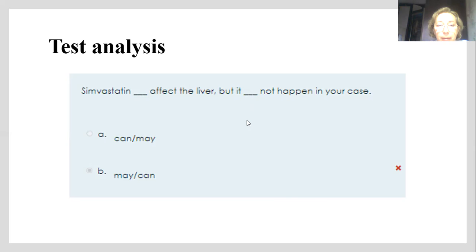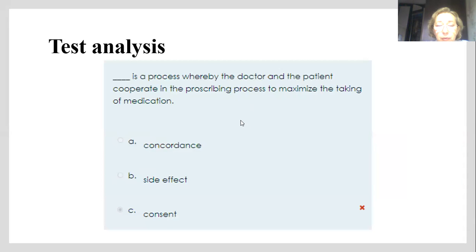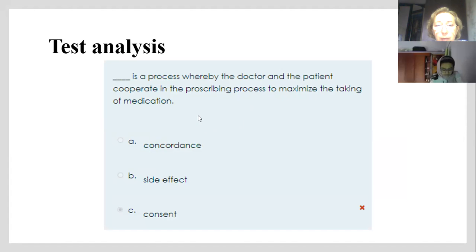Well, then if we move to the next slide, there is a definition of a word here: a process whereby the doctor and the patient cooperate in the prescribing process to maximize the taking of medication. What is it? Concordance. Concordance, yes. It was one of the last topics that we discussed.